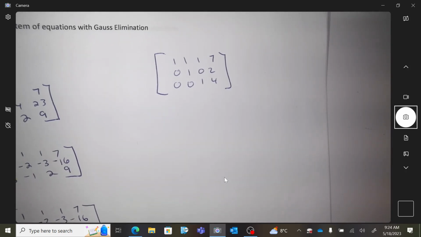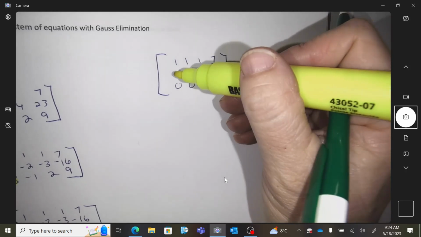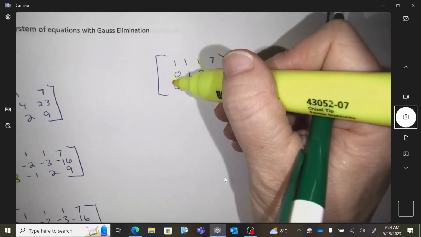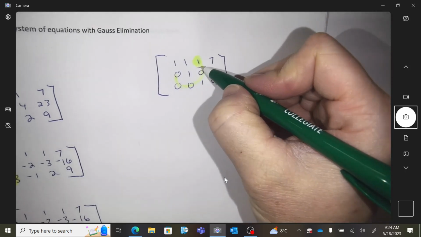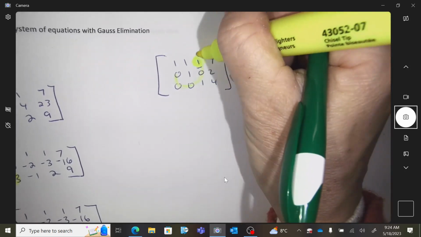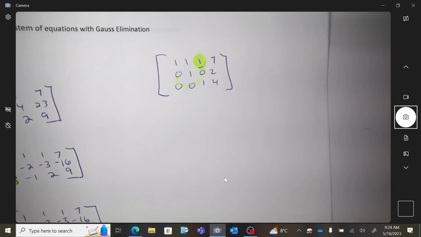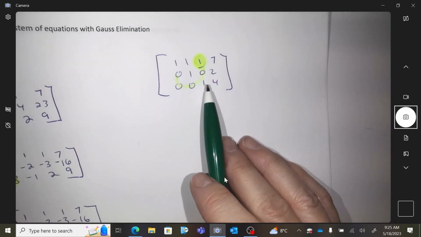Okay, horseshoe. So we have a 0, 0, 0. So this is the next 0 in our horseshoe. So we need to 0 that out.